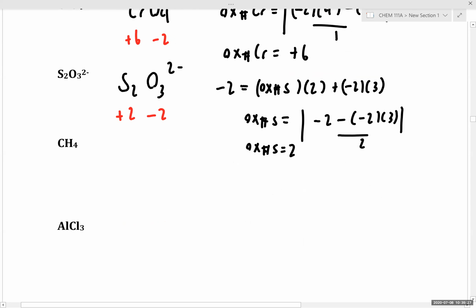Let's look at an example. If you're taking organic, assigning these oxidation numbers is going to be particularly important. So in CH4, methane, my question to all of you is: is our oxidation number for hydrogen in this compound going to be positive or negative?